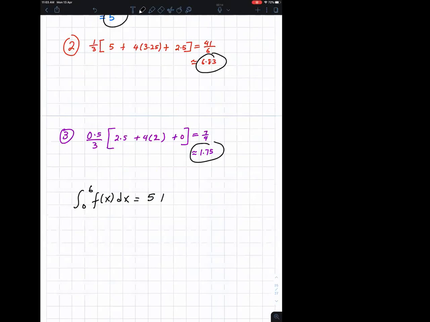How much is it? 13.58, sir. Okay, 13 point how much? 13.58.